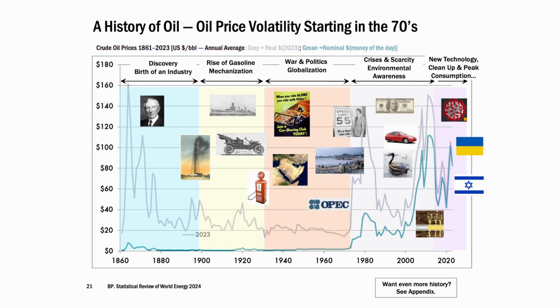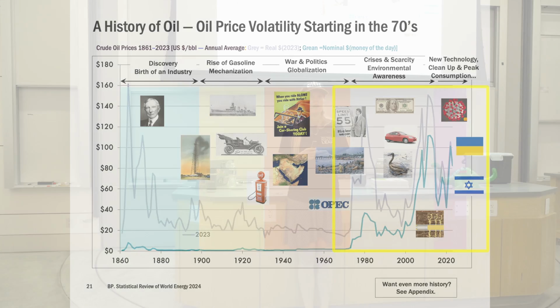And historically, we had pretty stable oil prices through about the 60s, and then the Arab oil embargo in the 70s really garnered a lot of attention in terms of how impactful the supply of oil was to a lot of different countries' economies.